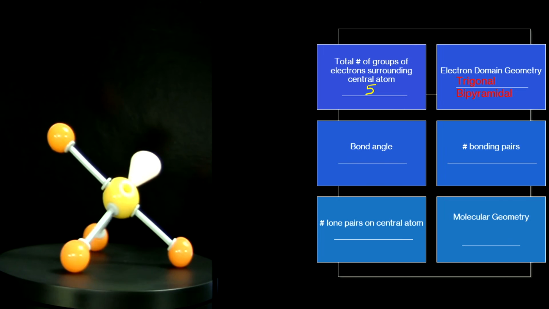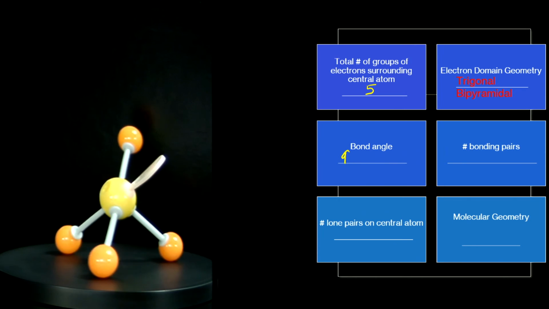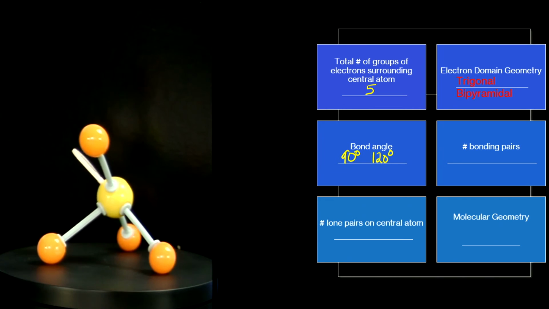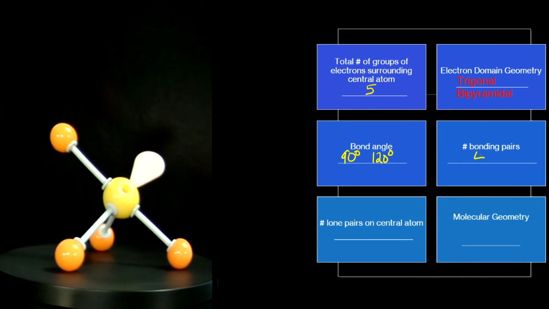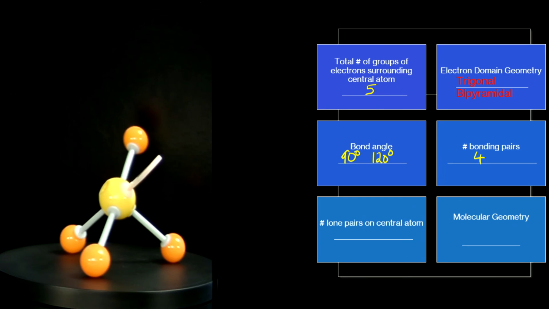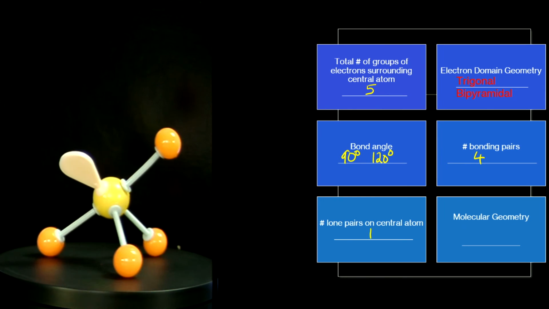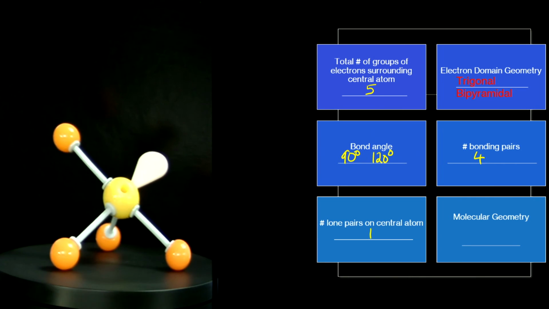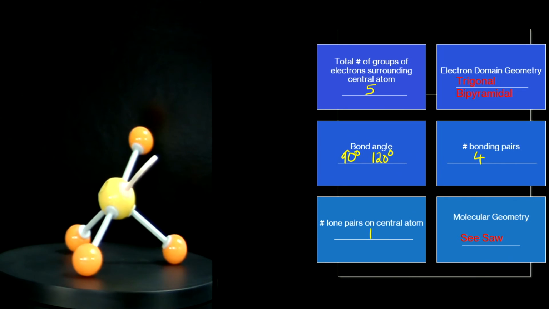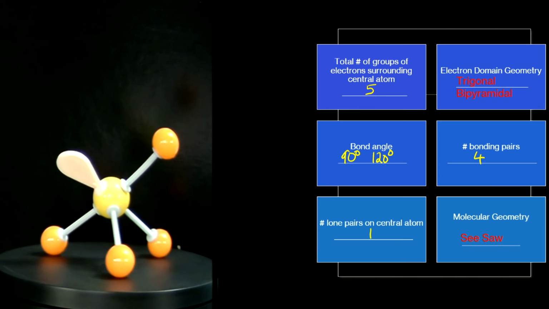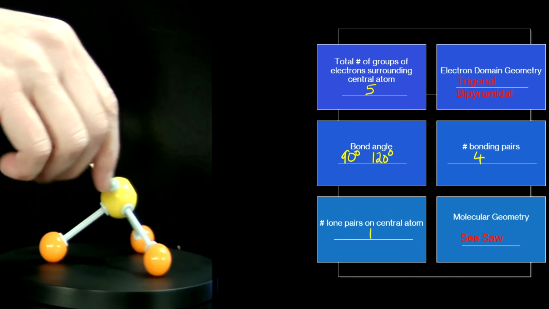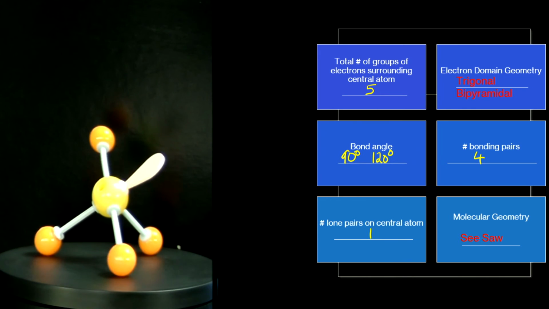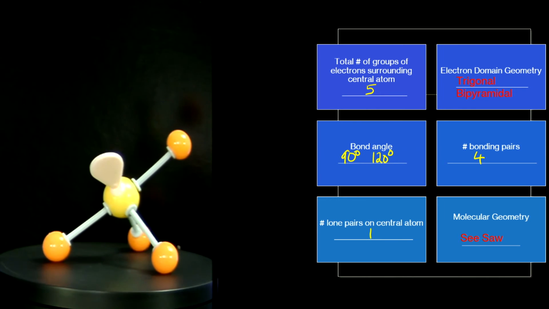Our bond angle here is also 90 and 120 degrees. Our bonding pairs will be 4. Our lone pairs will be 1. So therefore our molecular geometry will be different than our electron domain geometry, and we refer to this as a seesaw. So let me show you here how it can move from side to side, representative of a seesaw.